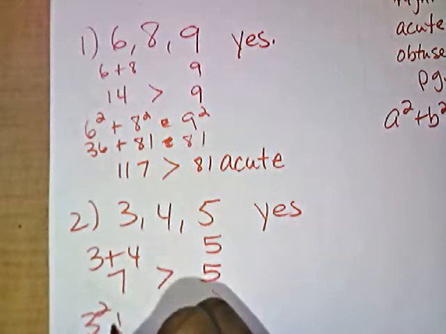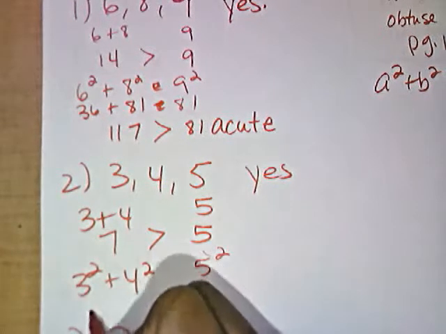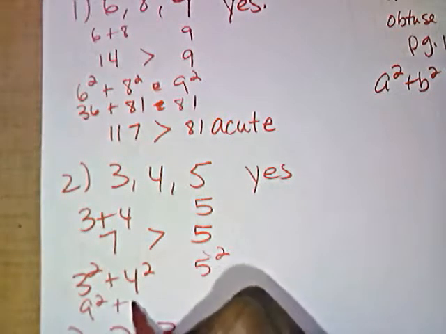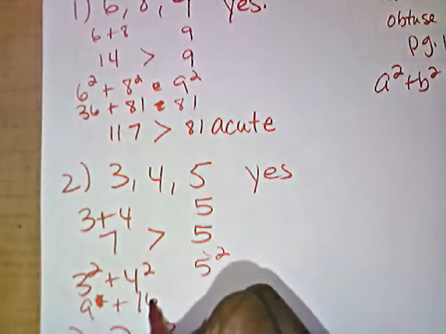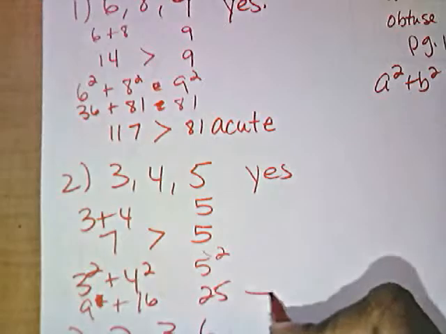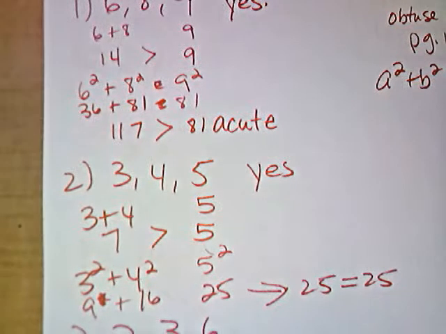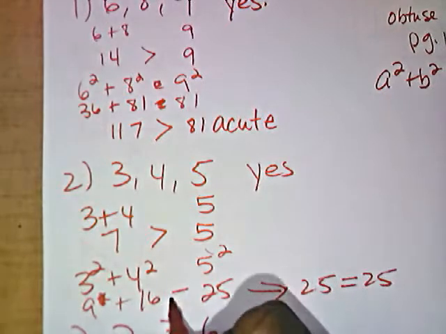3 squared plus 4 squared is something to 5 squared. 9 plus 16 is 25. And that turns out to be 25 equals 25. Okay, that's what that turns out to be.